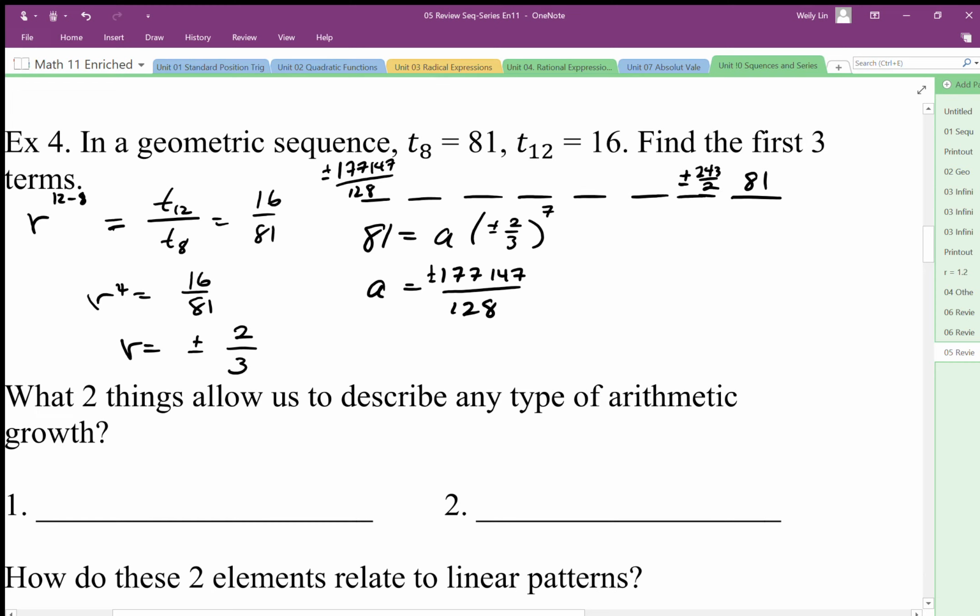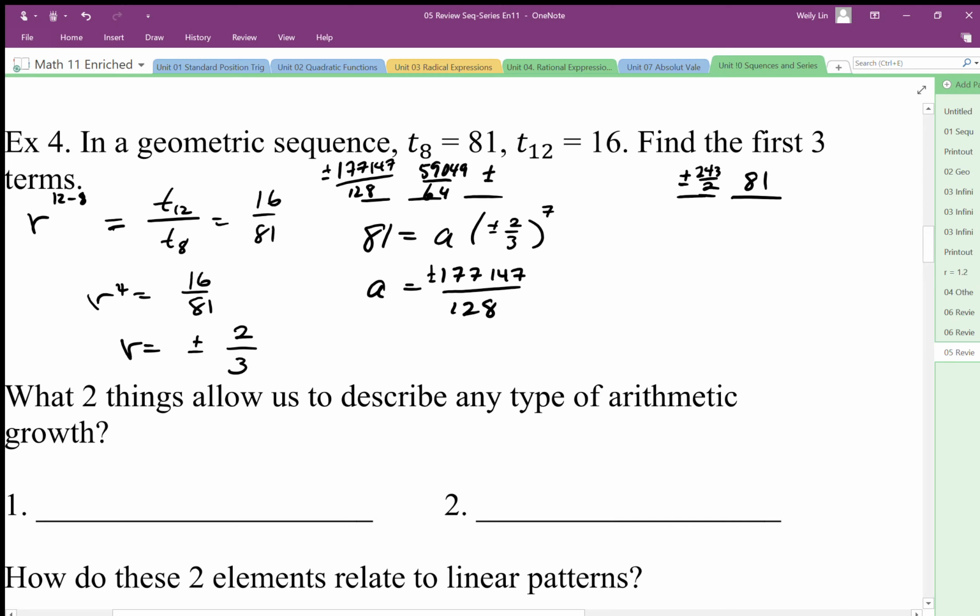For the next term, if I multiply by 2/3, I get 59049 over 64.